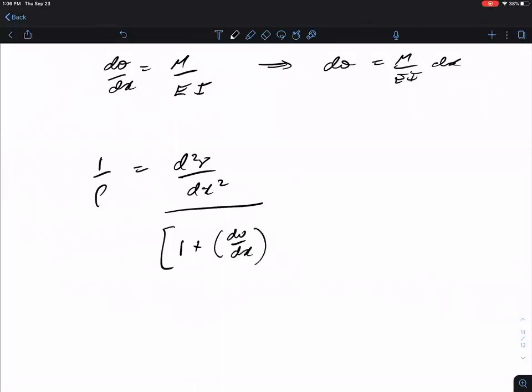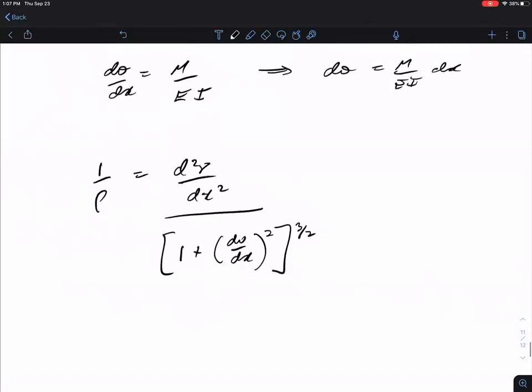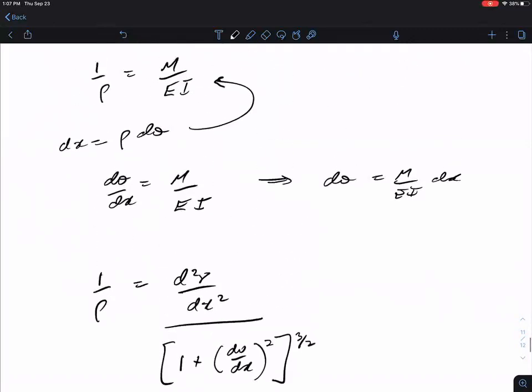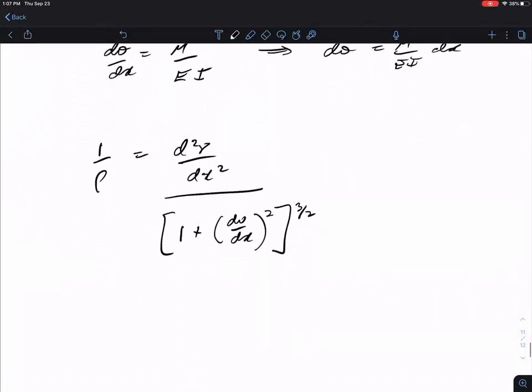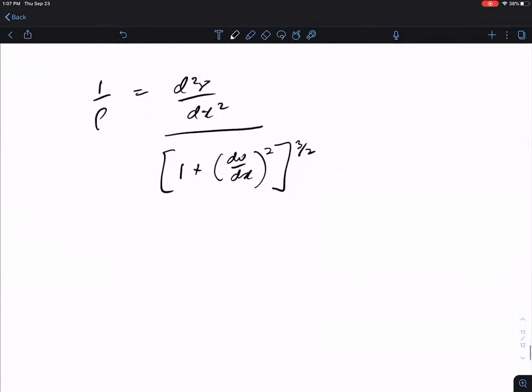And again, this is from basic calculus. So if we replace 1 over the radius of curvature with M over EI, we end up with this expression.